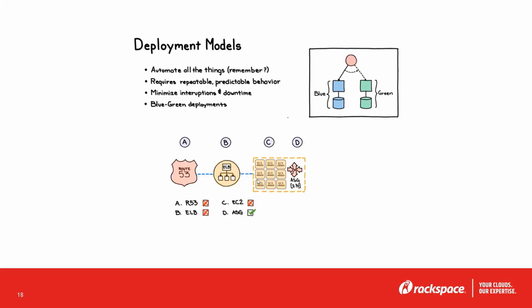And talking specifically about AWS, there are a couple of different places where you could do that switch over. One is at DNS: you could build a new stack and simply update DNS to point to the new ELB. You could swap out the ELB. You could swap out individual EC2 instances, or you can do the switch at the auto-scaling group.